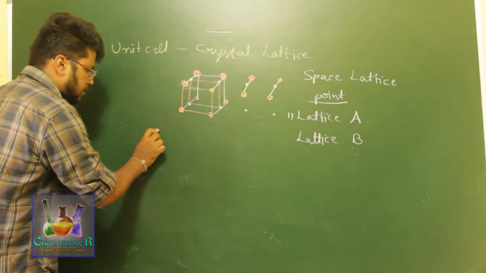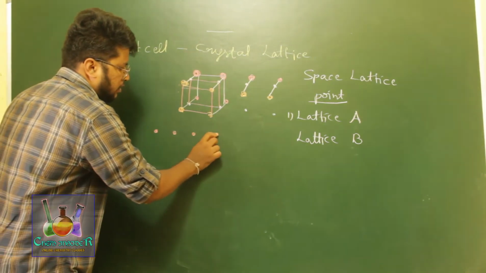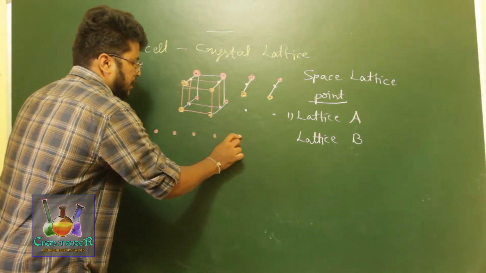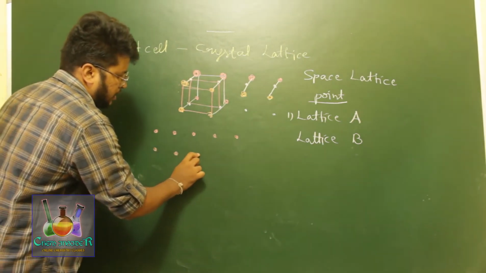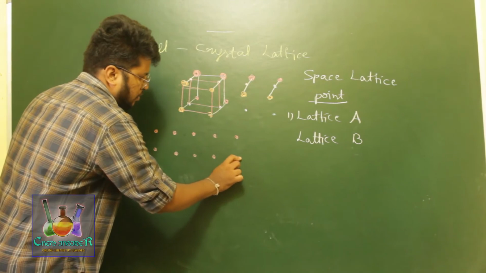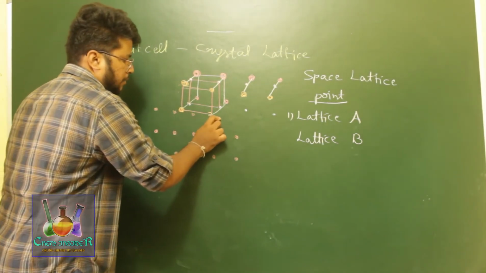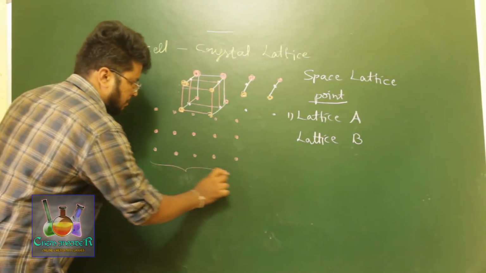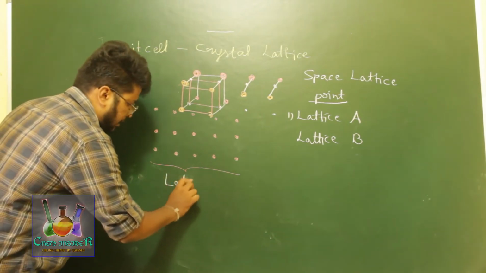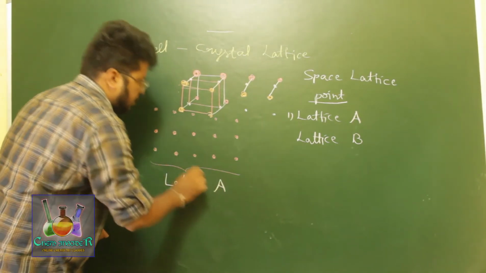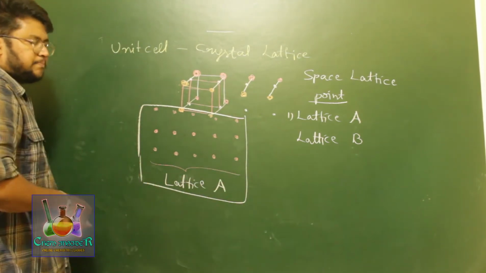If you arrange lattice points equidistant from one another and exactly above one another, or exactly in front or behind one another, just like this, then this manner of arrangement of lattice points is called lattice A type of arrangement.